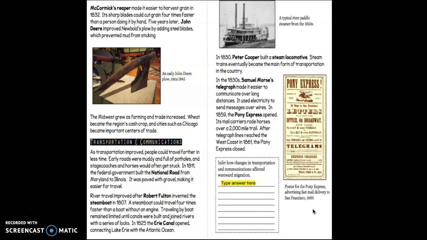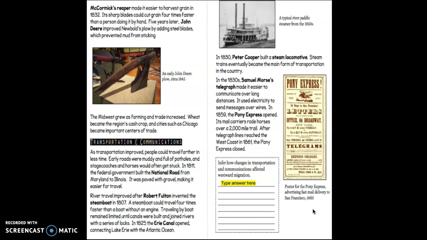So it had to cut through the Appalachian Mountains and so forth to get to Lake Erie.